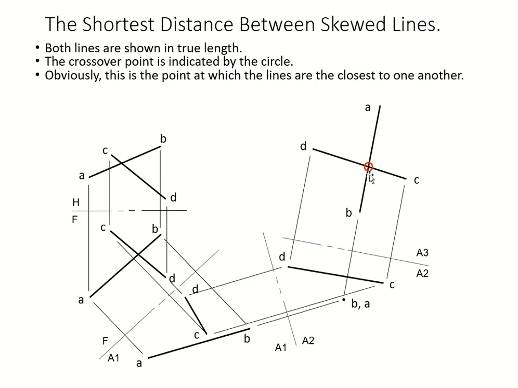So this is the point at which the lines are the closest to one another, okay? And this is your true size and shape, okay? Why? Because we projected it, 1 and then 2 and then 3.